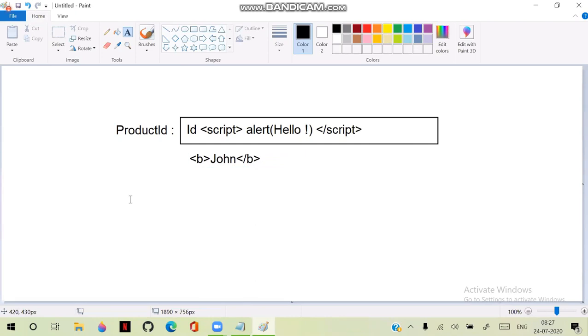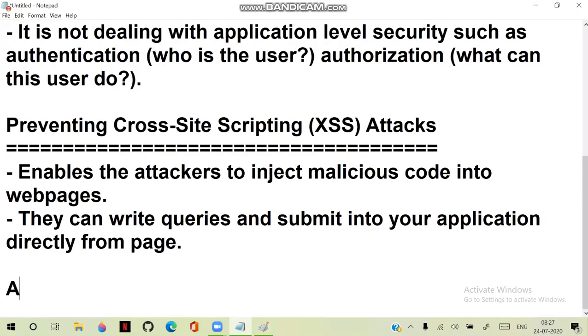When you do this, you have a lot of issues. If this is allowed, it is very dangerous. You are allowing somebody to write a query. He can inject code into your application, and that code can perform any operation and can even affect your application.